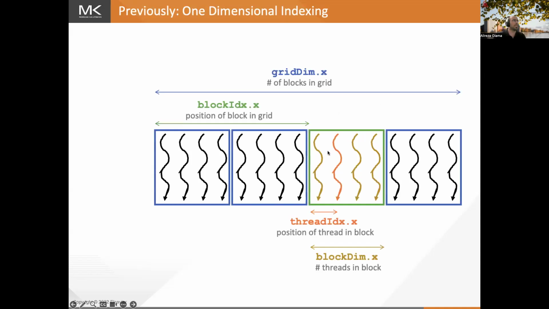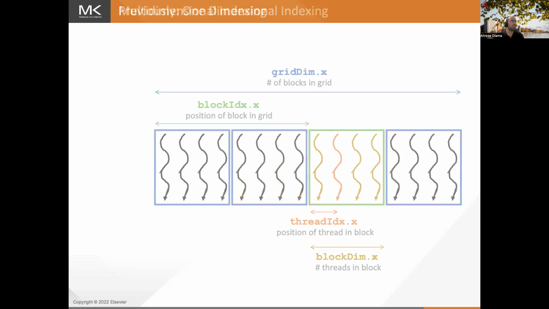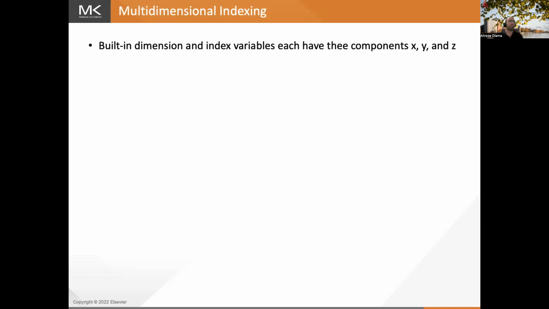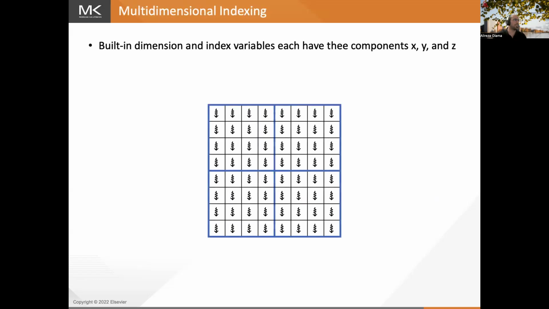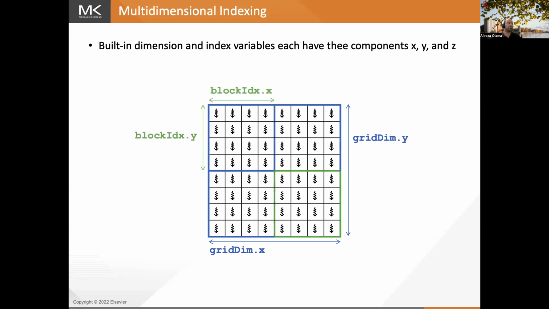Okay, so let's see what exactly we want to do. If you remember, in the one-dimensional case, we had some built-in variables to identify the thread that you want to work with. In the two-dimensional case, we also have a similar thing. We have gridDim.x for getting the number of blocks along the x direction, and also gridDim.y, which gets us the number of blocks along the y direction, right?